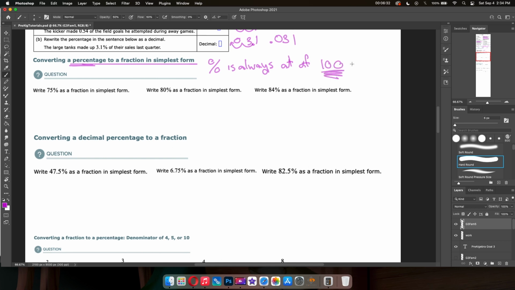There's your key number, because that right there is going to be the denominator of your fraction. So I already know, 75 over 100, 80 over 100, 84 over 100.